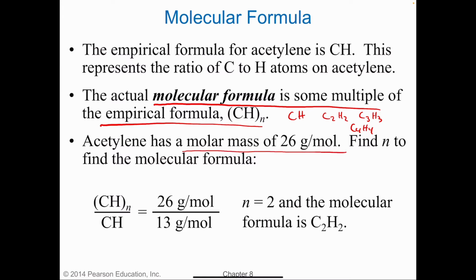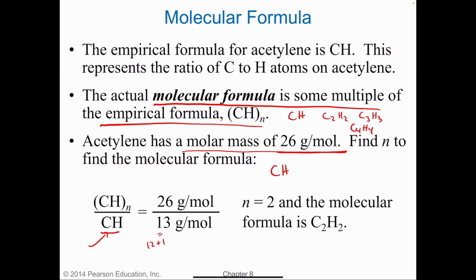So for acetylene, we figured out that the empirical formula was CH, and then the problem tells us that the molar mass is 26 grams per mole. So one way you can solve this is figure out the molar mass of the empirical formula, so a C plus an H, so that's 12 for carbon, plus 1 for hydrogen, and that's how we got the 13.